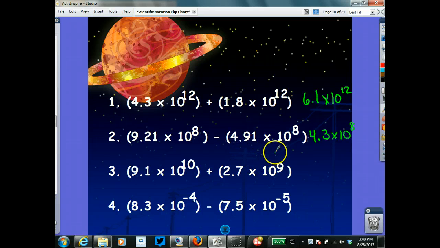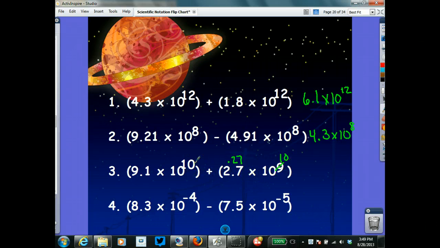So it's just 10 to the first power that I need to look at. So I take 2.7 and divide it by 10, and I get 0.27. So essentially this one changes to 0.27, and that takes it to the 10th power.